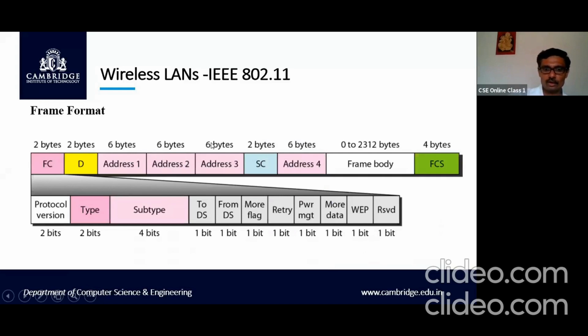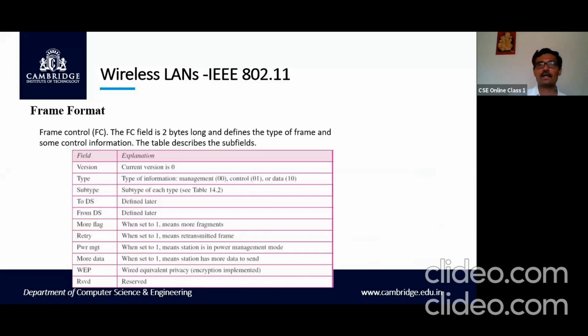They are required because the frame passes from one BSS to another BSS, from station to access point, from access point to another station, from one access point to another access point, from an access point to a station. Or an access point will receive a frame from the station, like that. There are different types of communications here.